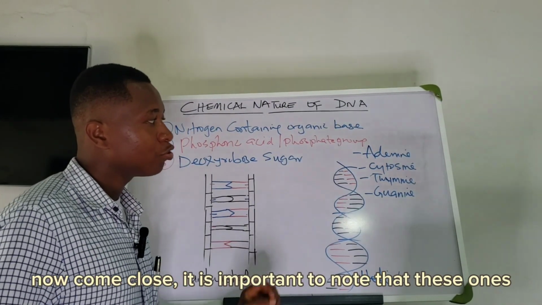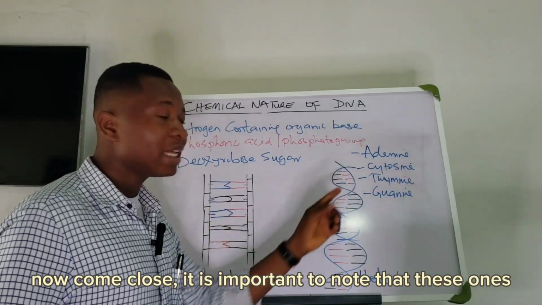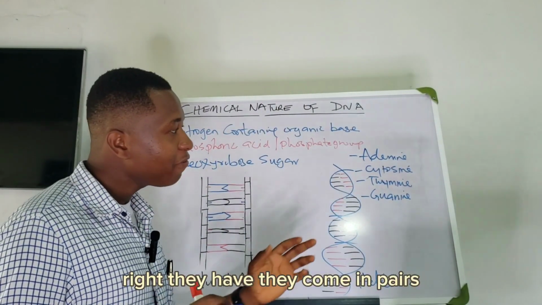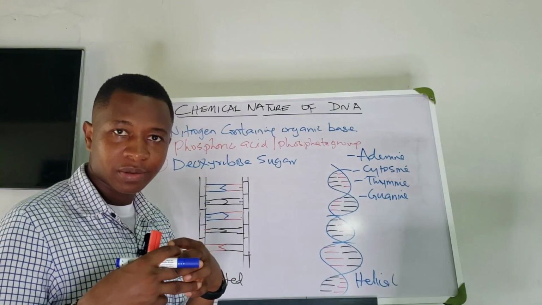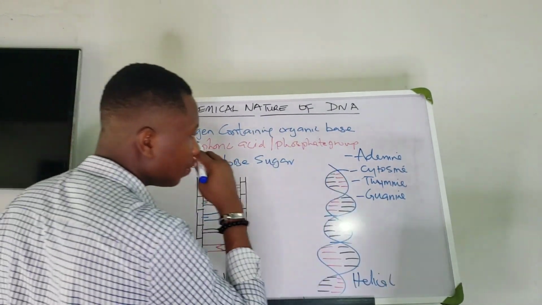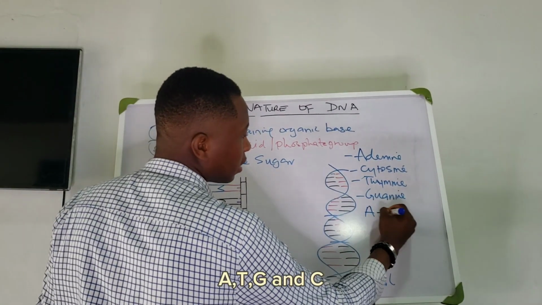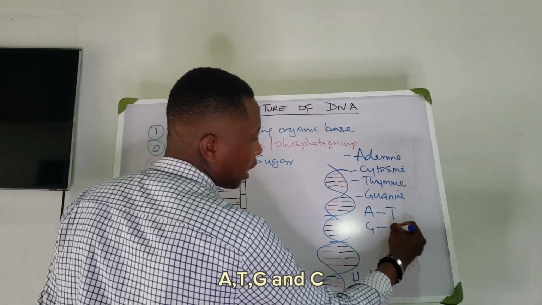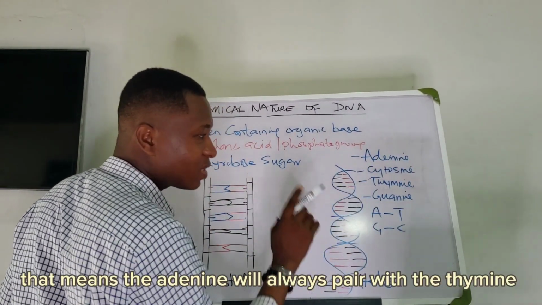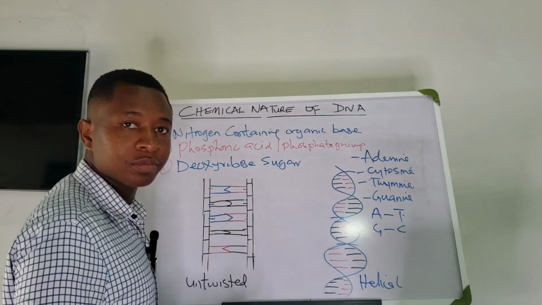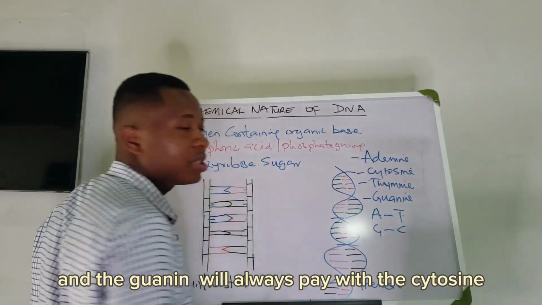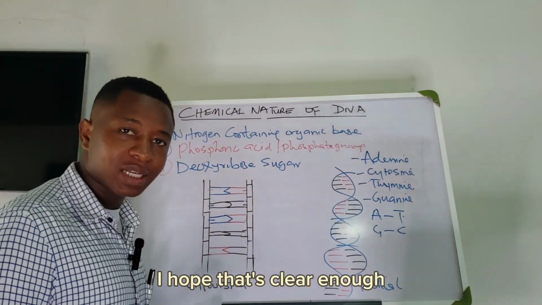It is important to note that these ones, they have their partners. All right, they come in pairs, and so we use this formula often: A, T, G, and C. That means the adenine will always pair with the thymine, and the guanine will always pair with the cytosine. I hope that's clear enough.